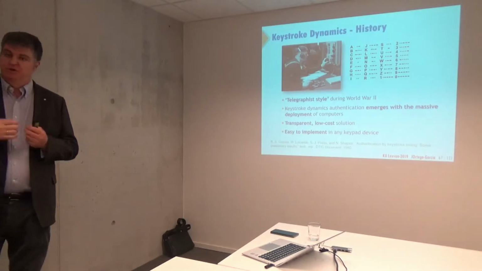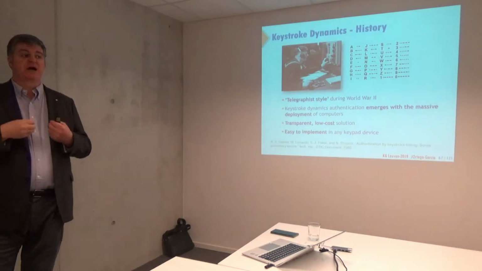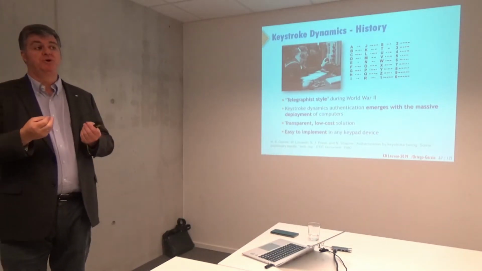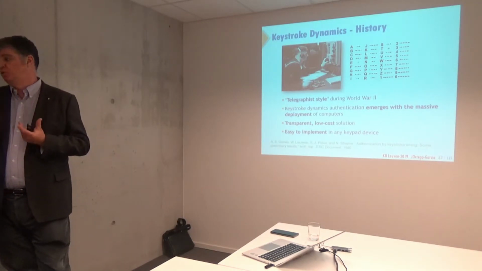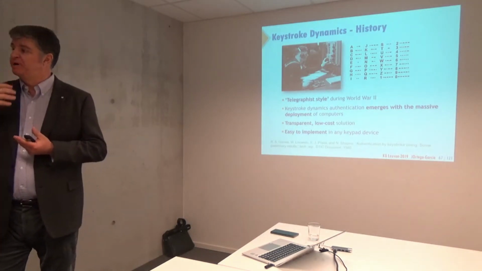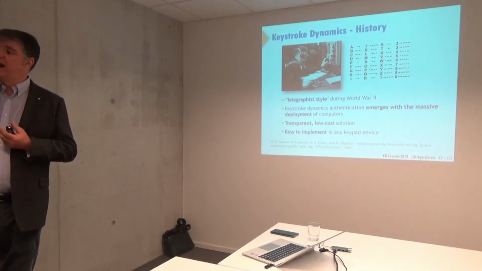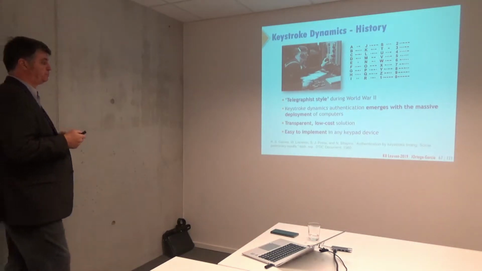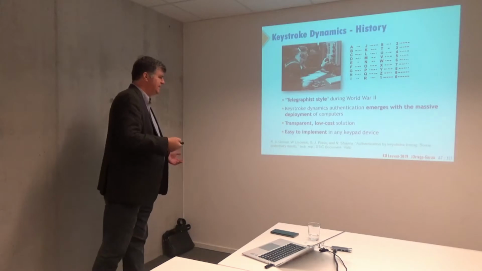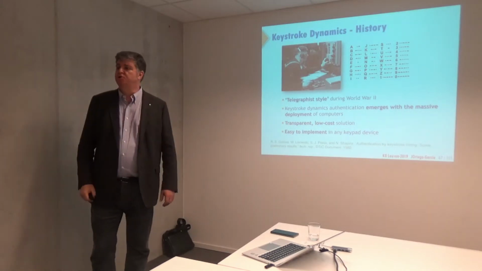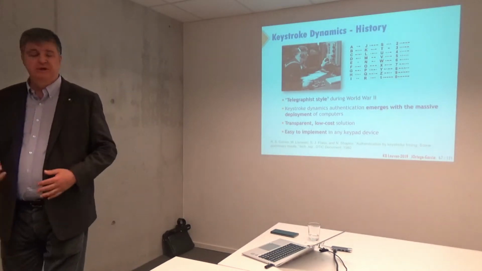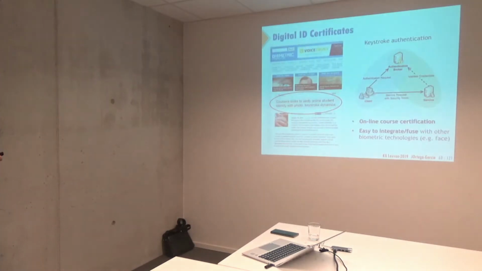So it's not only a matter of what signs, what code you are producing, but also how you do it from a personal point of view or an identification point of view. It is transparent, it is low cost. We all have these keystroking devices.